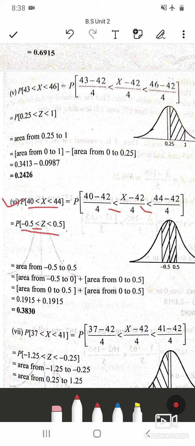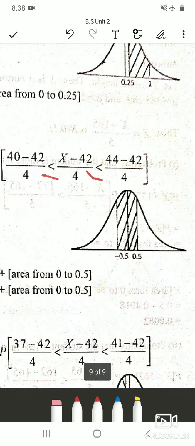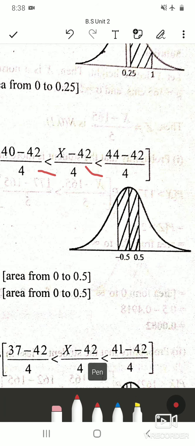Now we want z lying between minus 0.5 and plus 0.5, so we will draw a graph. Here the region is from minus 0.5 to plus 0.5, and we want this whole shaded region.